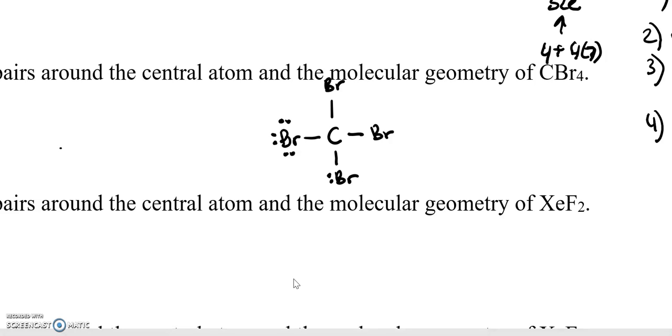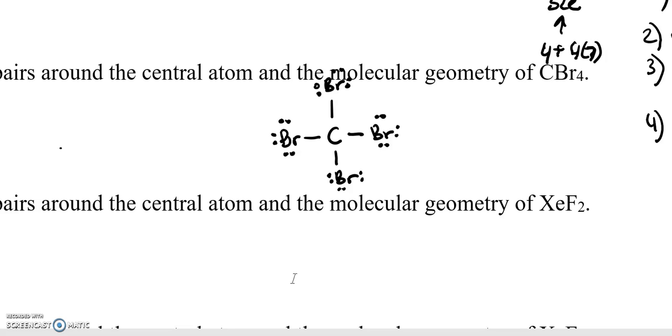Octet rule. So I got 6 times 4, 24, and I got 8 bonding electrons. It makes 32 total. So that's done. I ran out of all my electrons, and the outermost atoms are all octet.